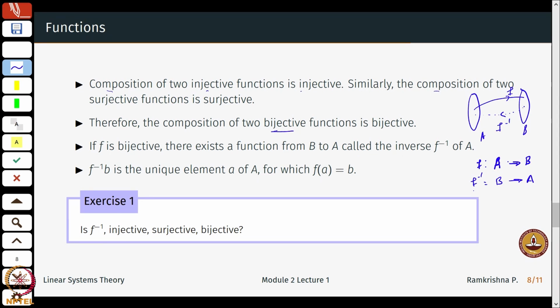For a point small b belonging to capital B, f inverse of b will give me an element small a, which is a member of capital A. So, that is the notion of inverse.